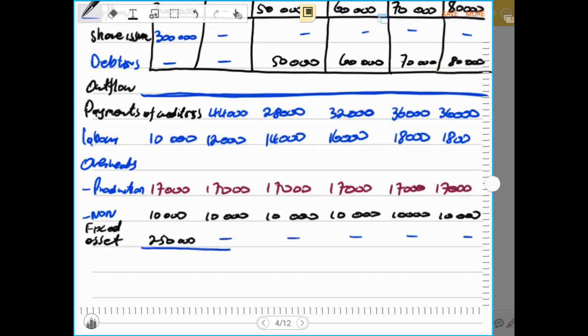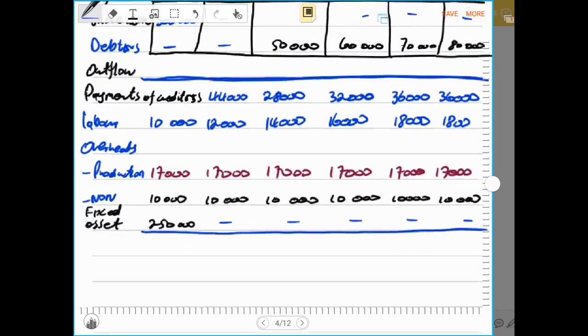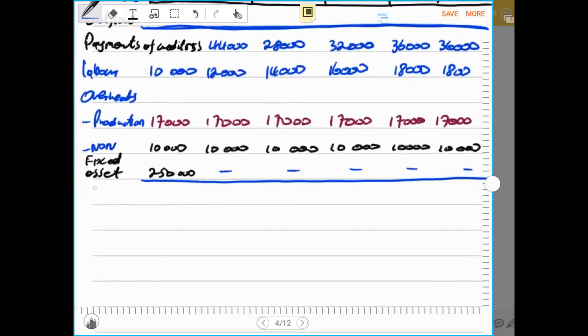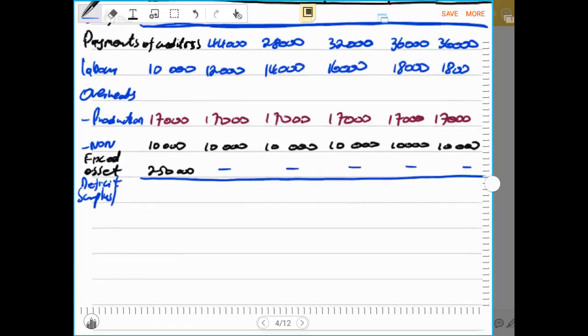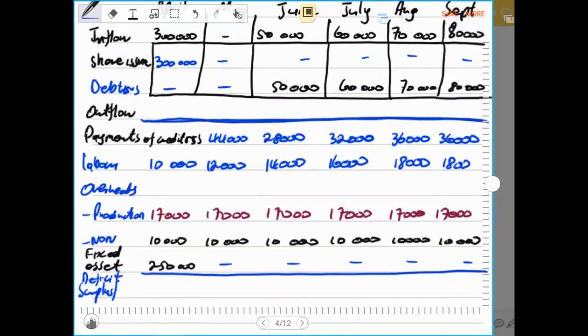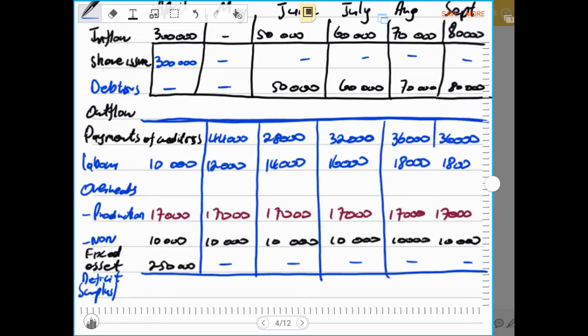Now I can draw a line here, and then after I will have surplus or deficit. Let me calculate the total outflow for the month of April, then for the second and third columns, for April, May, June, July, August, and September.